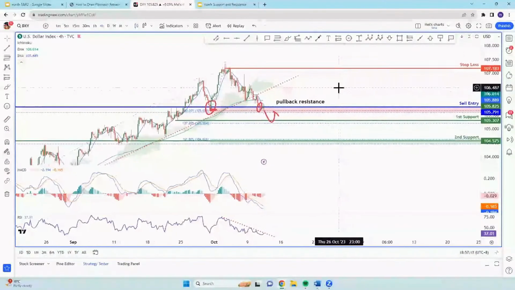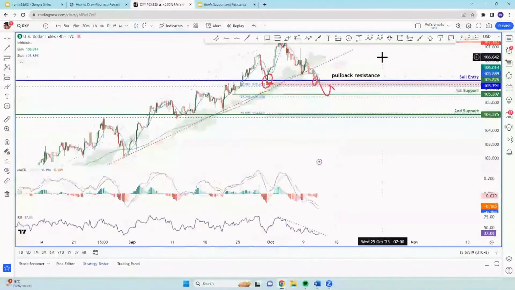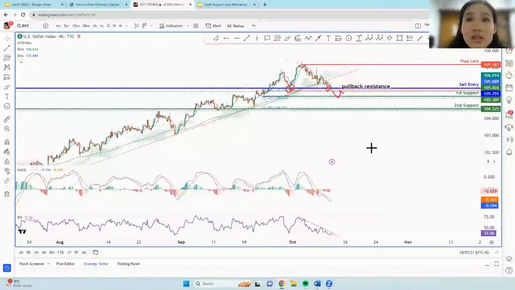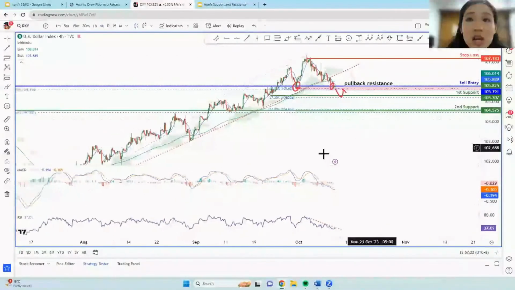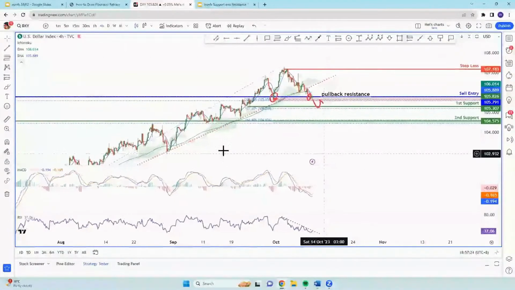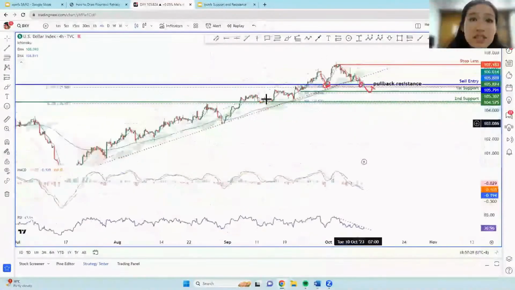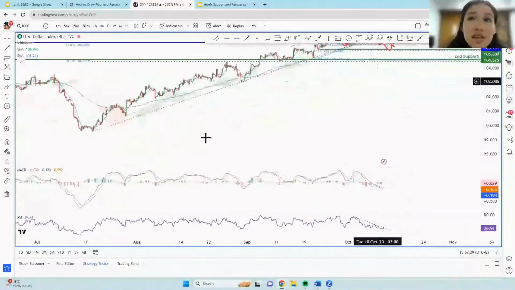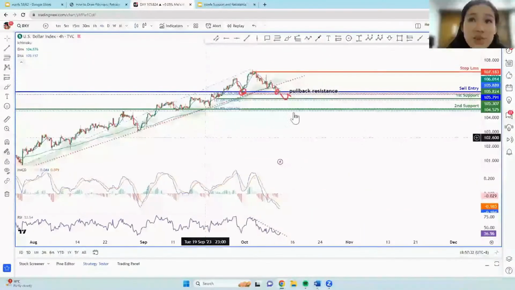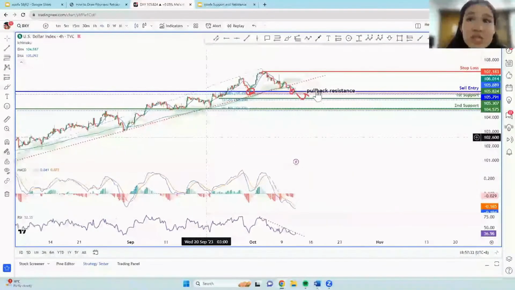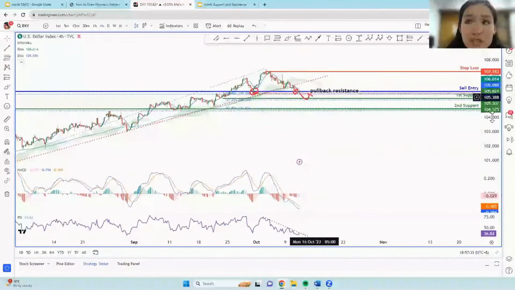Because it's bearish, because of this ascending trend line, right? We have an ascending trend line here, and price recently broke out of it. So it gives us a bearish signal.